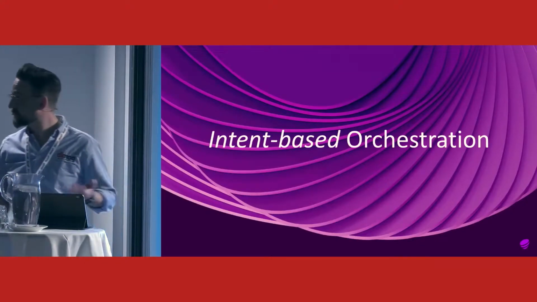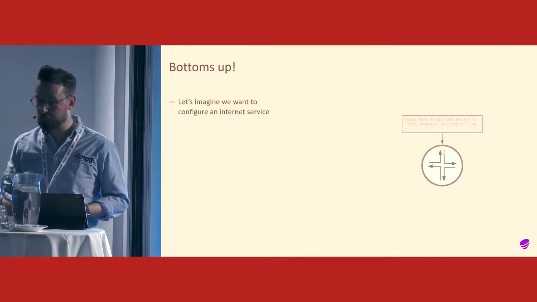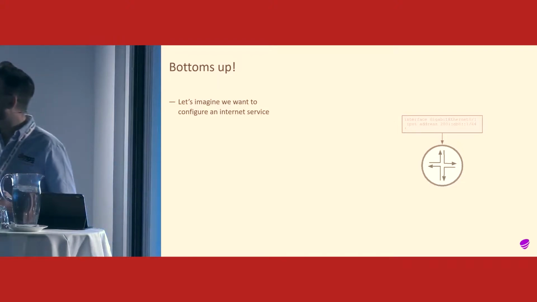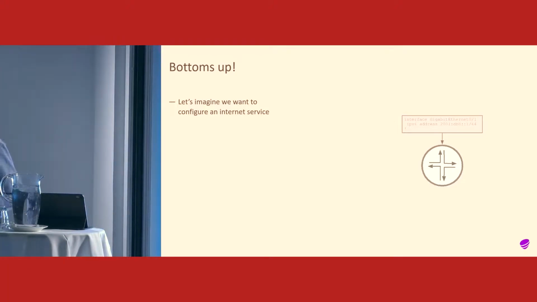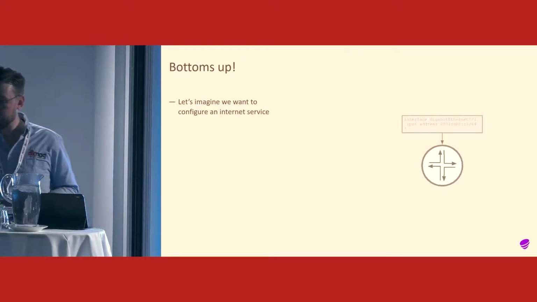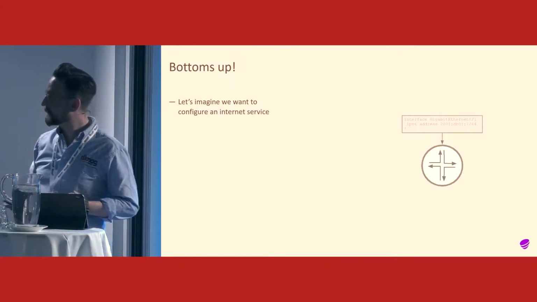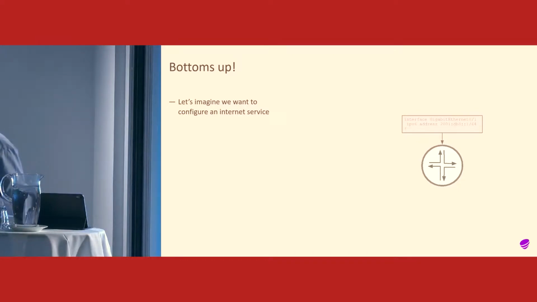So let's try to understand what we mean by this by going into a very simple example here. Let's say we have, well, this is barely visible on screen, but imagine there's some Cisco config up there. So imagine we were going to configure an internet service. We have a simple configuration here: interface GigabitEthernet 0/1, IPv6 address, something.